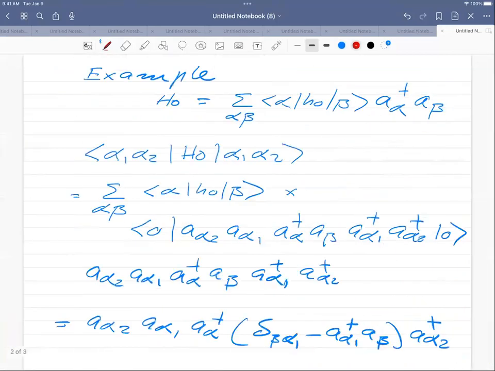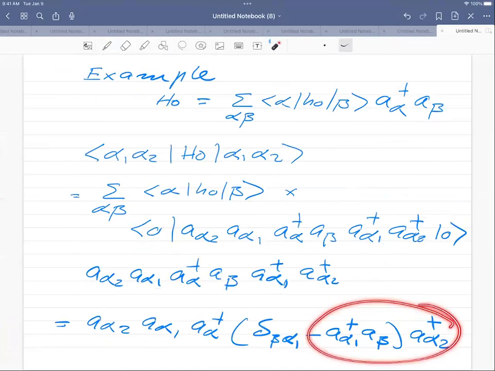And then we can do the same exercise with the second term which we have here, which is actually this term here, multiplied with the rest. And we do the same exercises again and again. So let me just do it. It's not for the fun of it, but simply to show that this is not the way we would go, particularly if you have a 10-particle state and you're acting on it with a one-body operator.